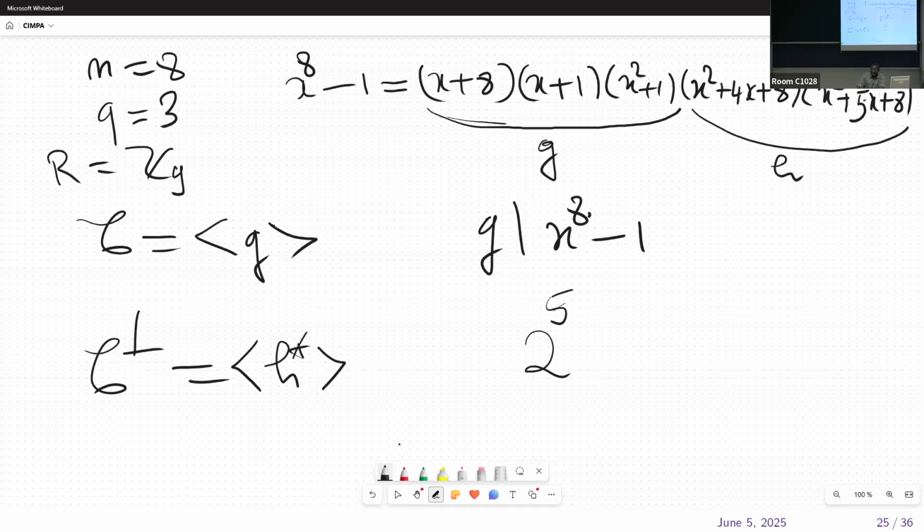Okay, so there are 2^5 free cyclic codes.